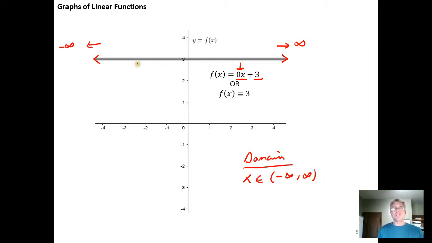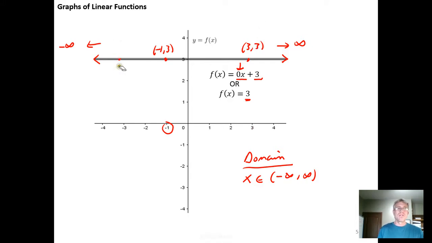But what we see, because this line is horizontal, is that the outputs on this line are always 3. So in other words, if I input -1, my output will be 3. If I input positive 3 over here, my output is still, if I walk over to the output axis, going to be 3.